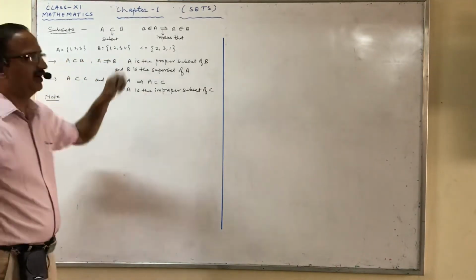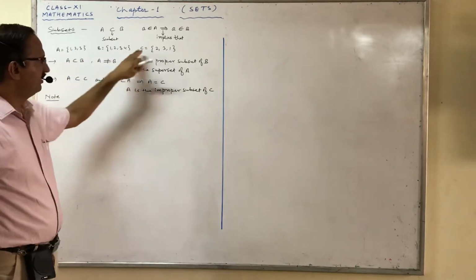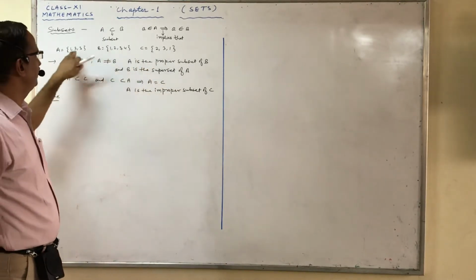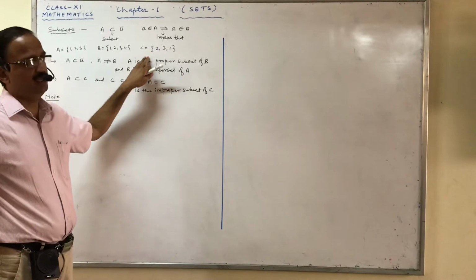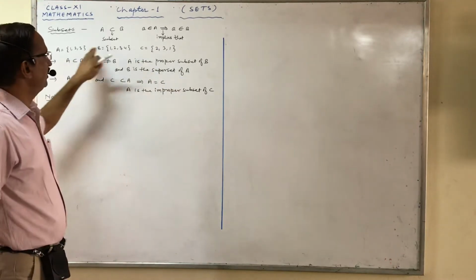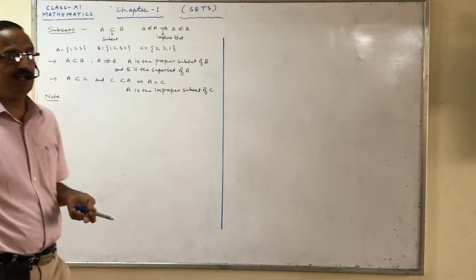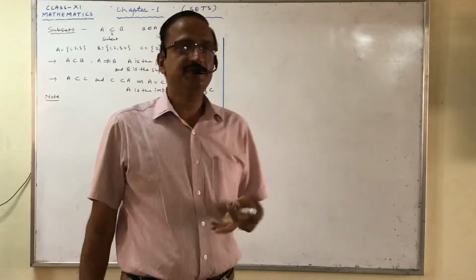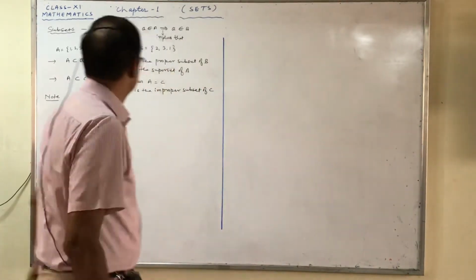Now, please note down, in this case these two have the same elements, so we can say that this is set A, then this is also set A. And A is the subset of C, so we can say that every set is the subset of itself.